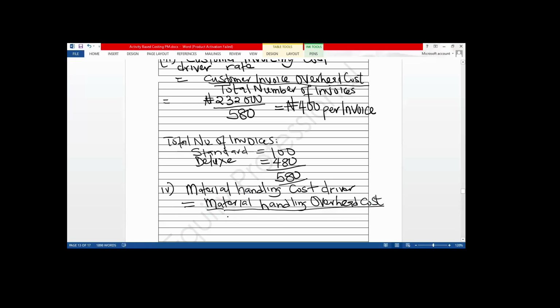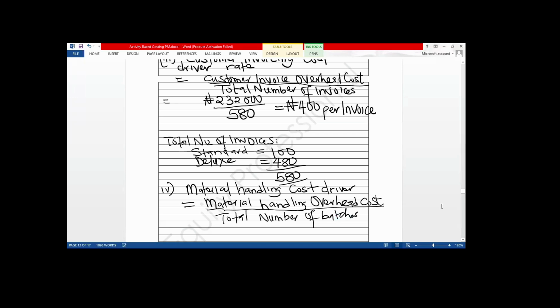Number of batches. The cost driver for material handling is number of batches. So I'm going to get total number of batches.